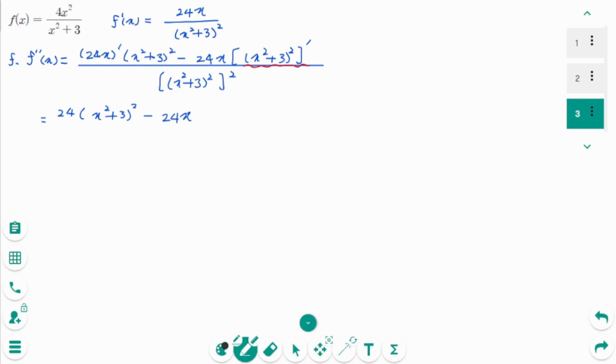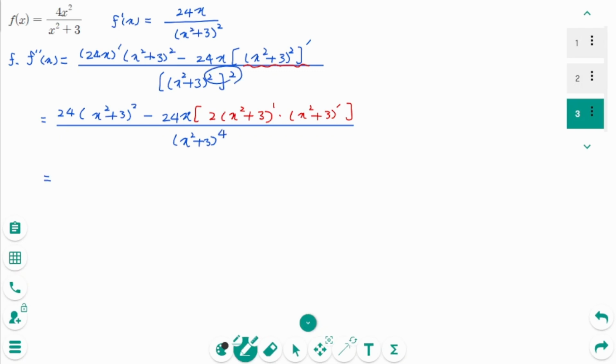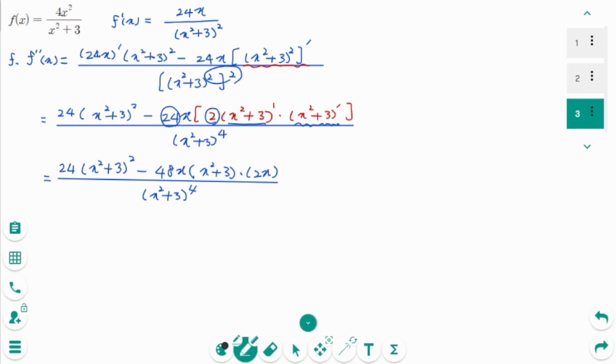(x squared plus 3) squared prime is, using the chain rule, 2 times (x squared plus 3) to the power of 1, then times (x squared plus 3) prime, over (x squared plus 3) to the power of 4, equals 24 times (x squared plus 3) squared minus 48x times (x squared plus 3) times (x squared plus 3) prime, which is 2x, over (x squared plus 3) to the power of 4.